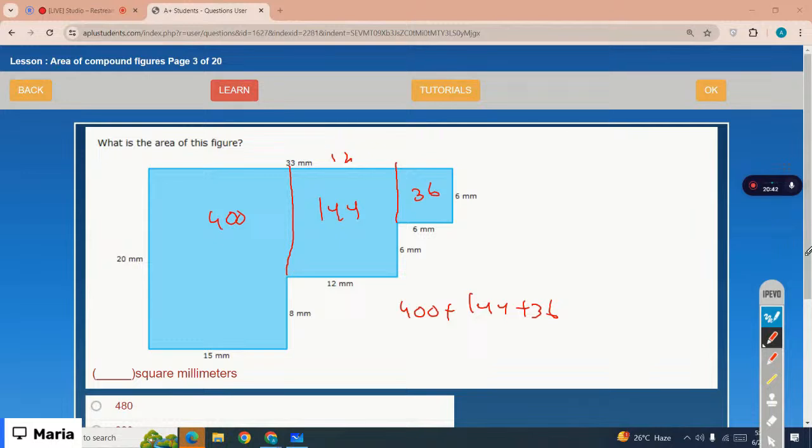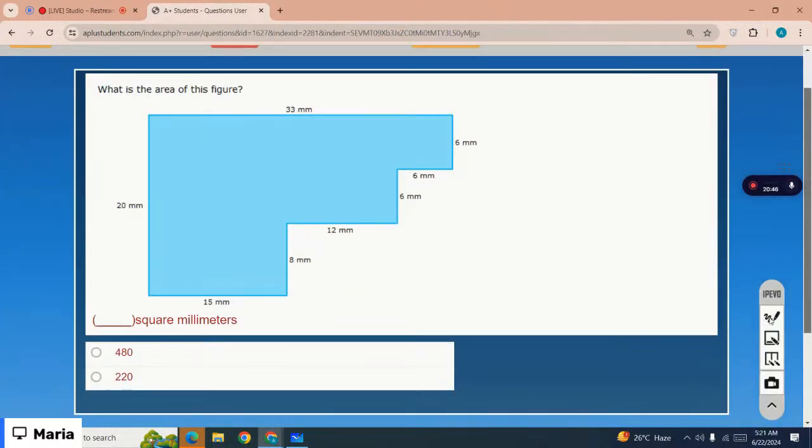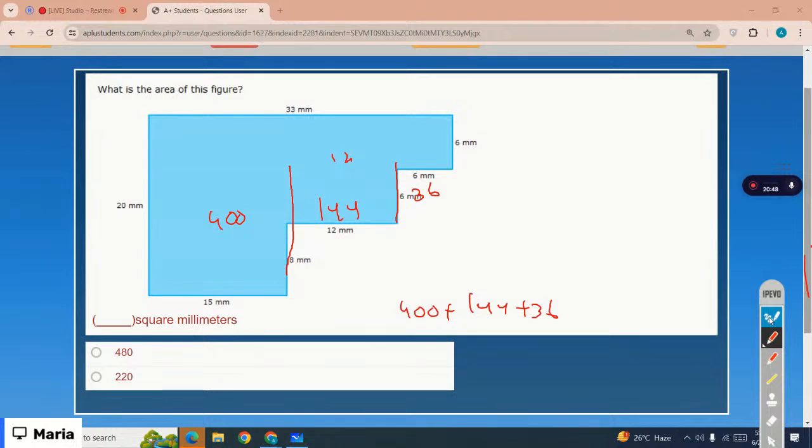So the correct option is, no, but hold on. 20 times 15 is 300, it is not 400, right? Here you have 15. So 20 times 15 is 300, plus 144 plus 36.